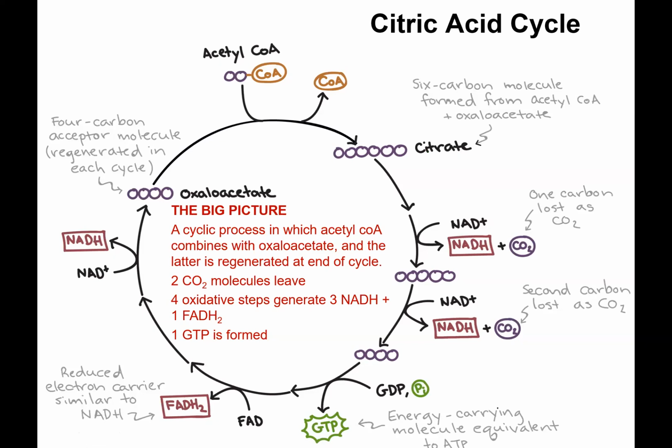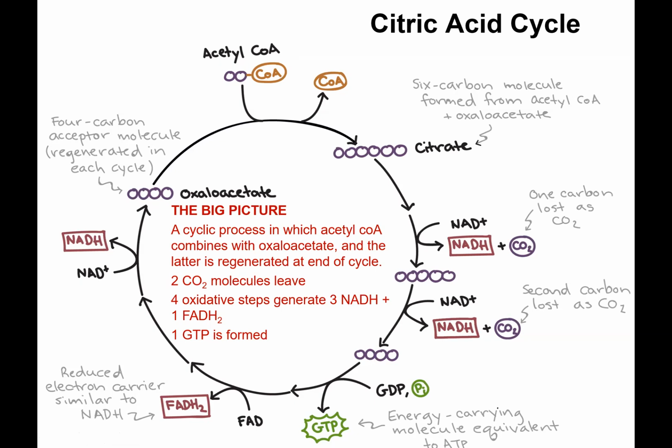Then it's not really shown here, but we went to isocitrate. From isocitrate, we went to, this is good because it doesn't have all the compounds, so you can test yourself on what the intermediates are here. From isocitrate, we went to what? Alpha ketoglutarate. From alpha ketoglutarate, I do believe we went to succinyl CoA.